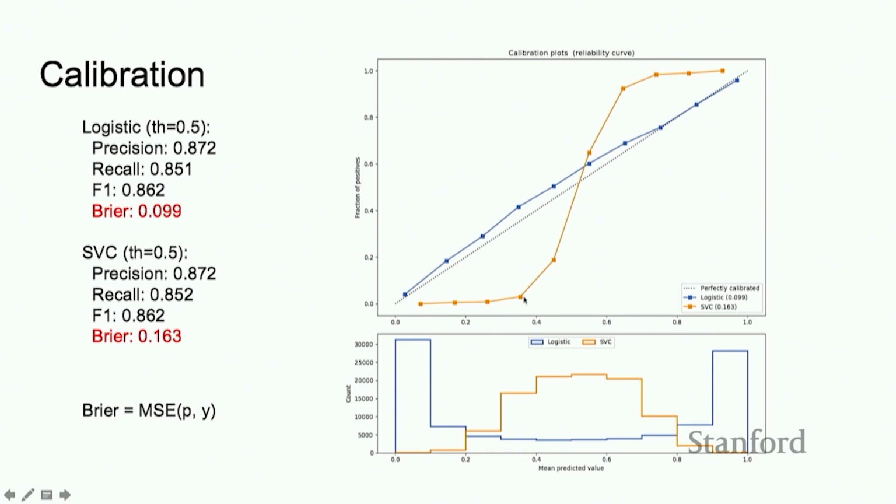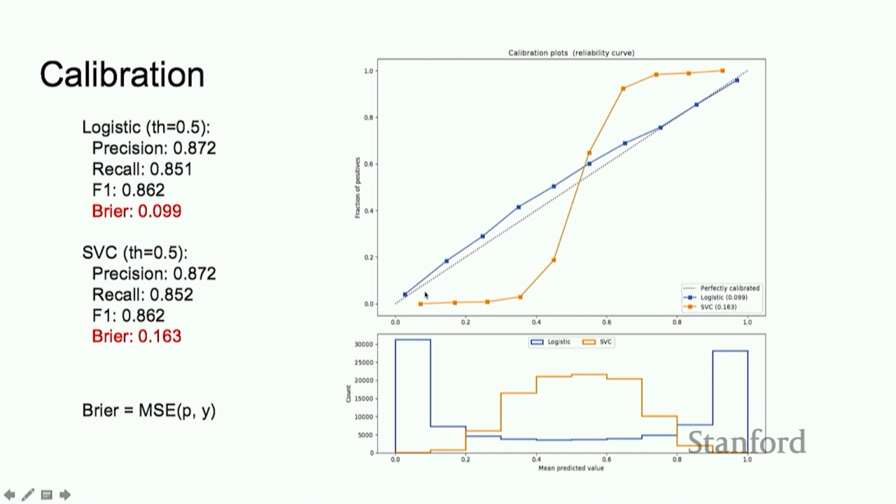Even though the examples were mostly positive, it hesitated to assign high probabilities to them. So even in the region where the predictions are still 0.6 and 0.7, all of them are actually positive examples.